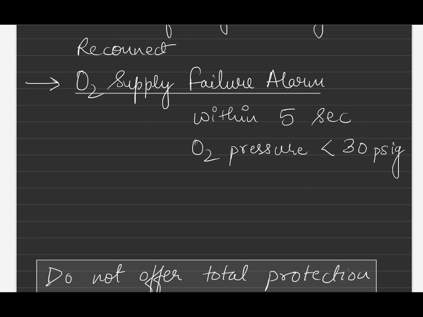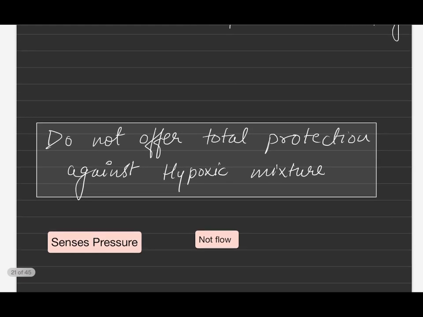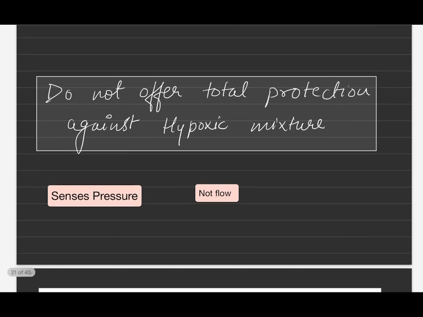So, we have oxygen supply failure alarms as well, which start within 5 seconds of shutdown of oxygen, and they can also sound when the oxygen pressure is less than 30 psig. So, we have to check oxygen pressure failure system, and we have to keep in mind that they do not offer total protection against hypoxic mixture.